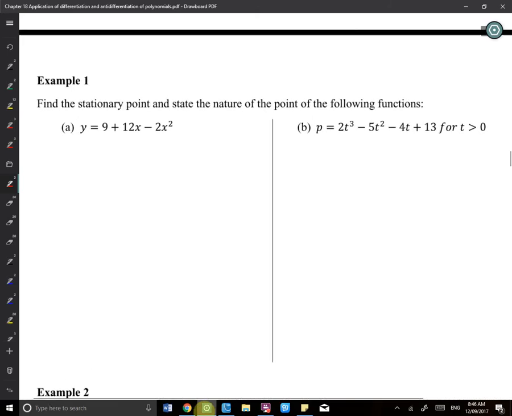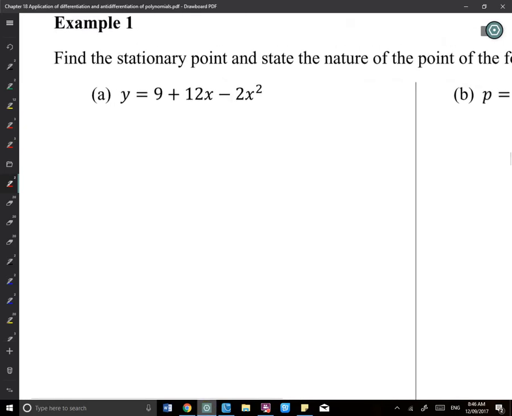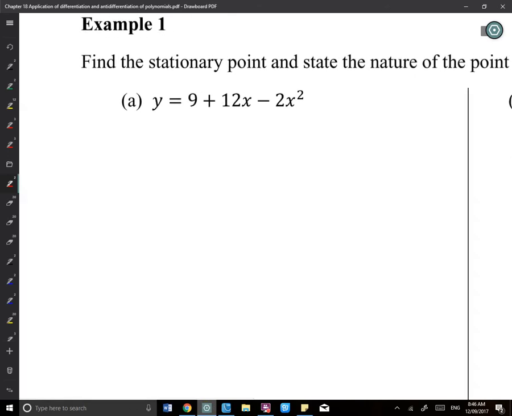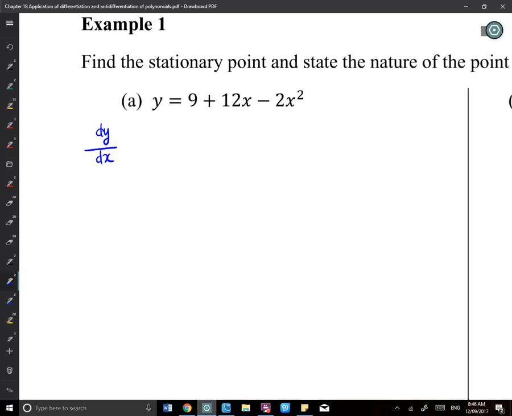Find the stationary points and state the nature of the points of the following function. I want to find stationary points. What I need to do first is find dy dx, because at stationary points the gradient equals to 0.